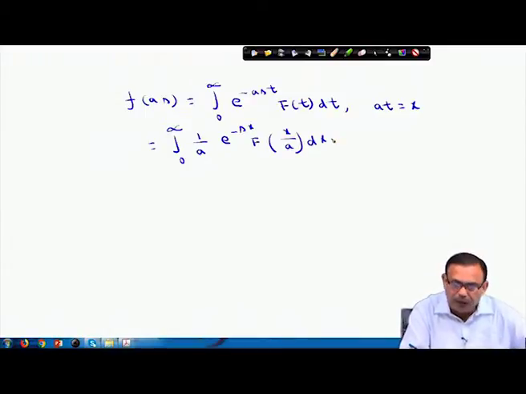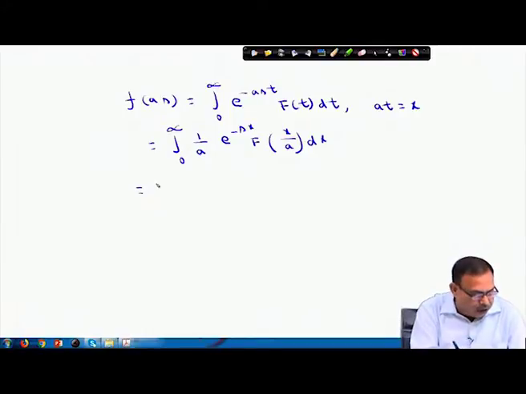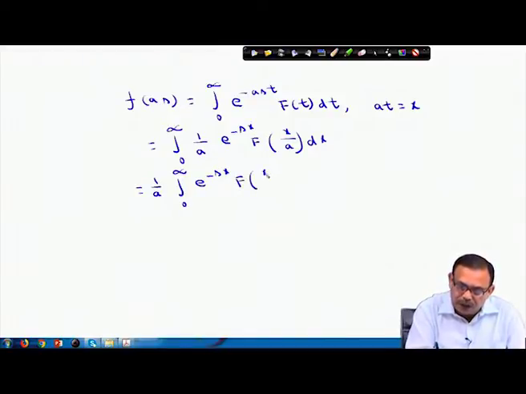Once I substitute a t equals x, this integral equals 1 by a going outside, the integral from 0 to infinity of e to the power minus s x into f(x by a) dx.